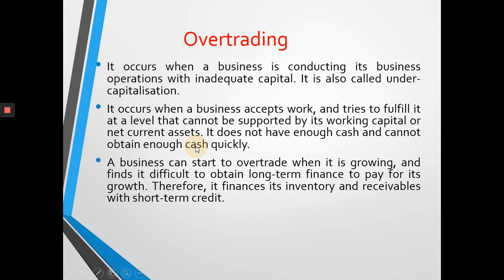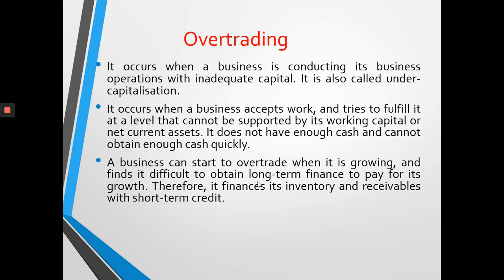So a business can start overtrading when it's growing and it finds it difficult to obtain long-term finance to pay for its growth. Small companies in their initial growth period find it quite difficult to get long-term financing, especially from banks. They want to see a track record. Are you in business for some time, or are you new?